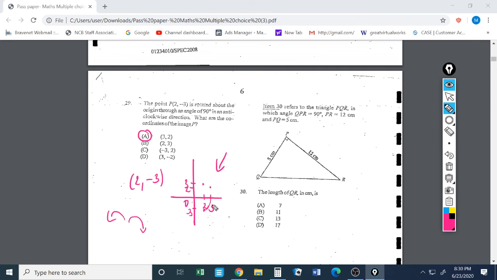And you'd end up with X being 3 and Y being 2. So I would actually get this answer here for changing the quadrant at a 90-degree anti-clockwise direction. So A would clearly be the answer. It's kind of obvious to me.